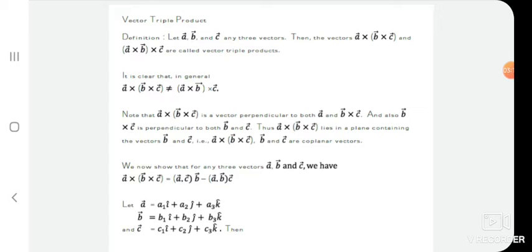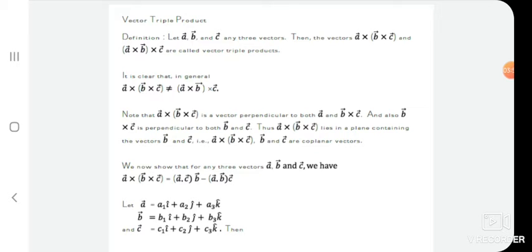If we take the cross product of vector a with b cross c, that resultant vector is perpendicular to the vector a as well as to the vector b cross c. Thus vector a cross (b cross c) lies in a plane containing the vectors b and c, that is, b and c are coplanar.